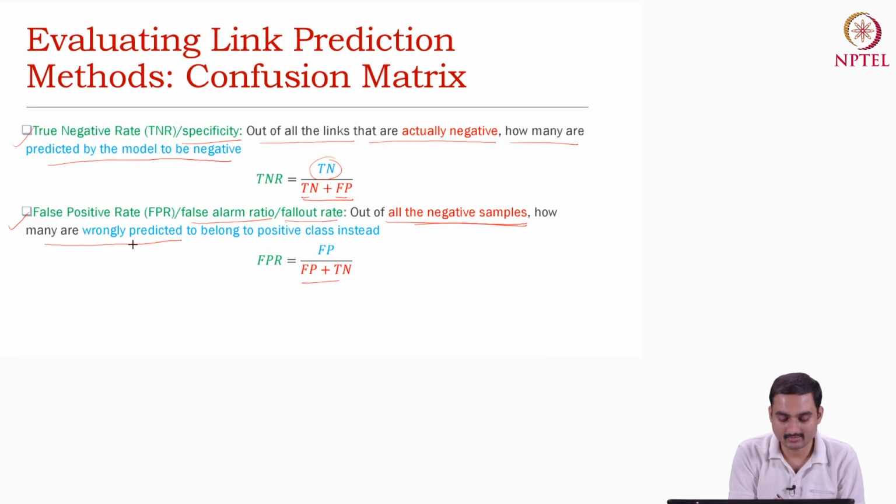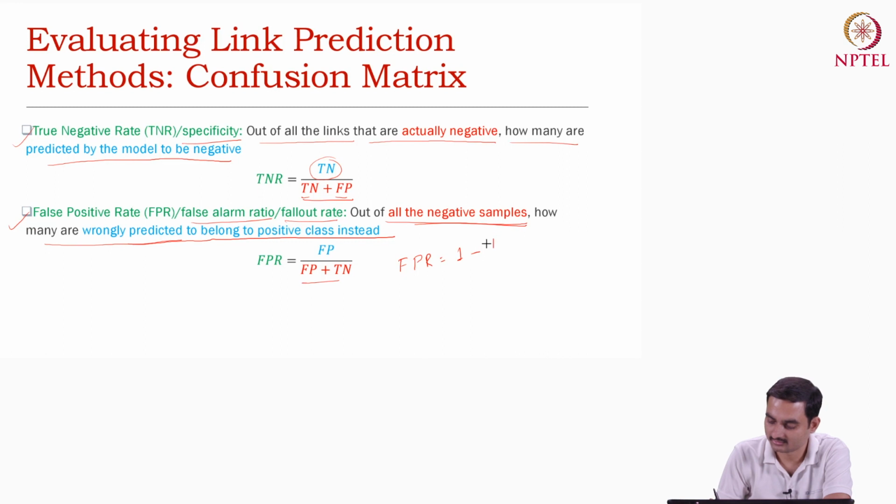How many of them are wrongly predicted to belong to the positive class? FP. So, this FP number of instances have been predicted as positive, but that is wrong. So, FP by FP plus TN, this is called false positive rate. So, you see here false positive rate is 1 minus true negative rate, isn't it? Okay, you can easily see this.